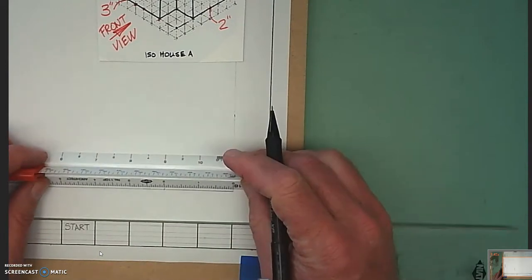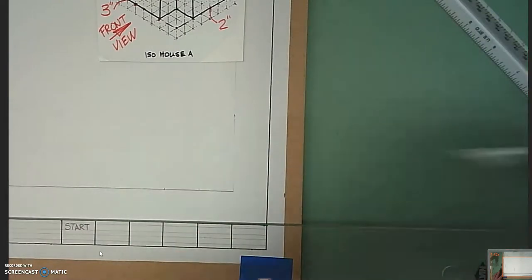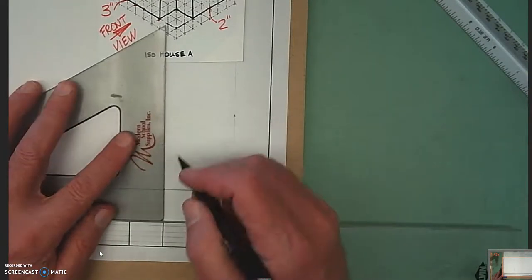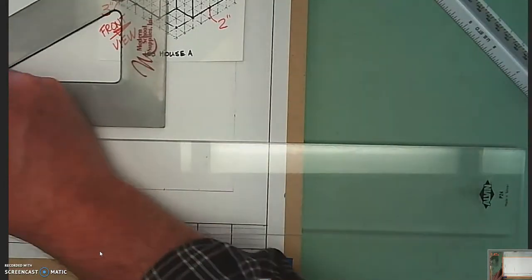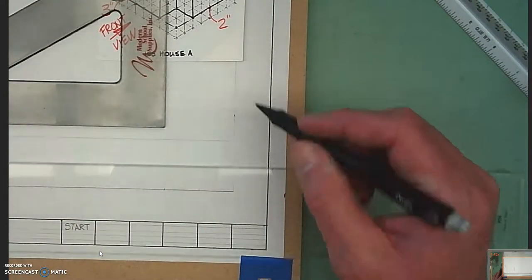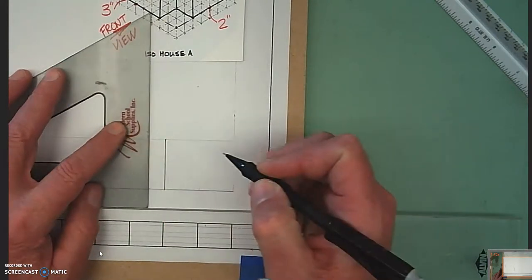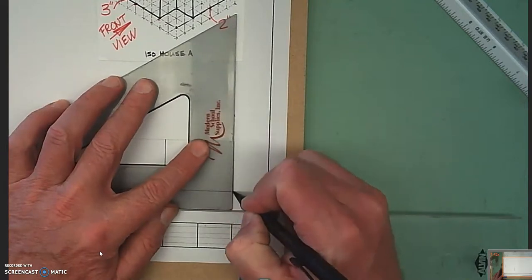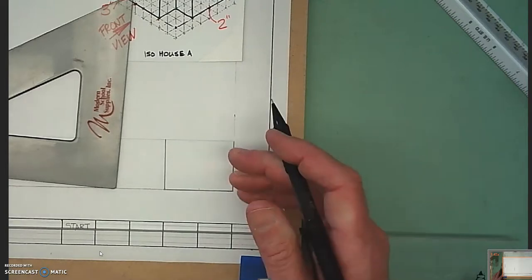And at this time, I'm also going to make my measurement at 1 inch so that I know where to find the height. At 1.5 inches, I'm projecting from my front view. Drawing those views right there, those lines, pardon me.